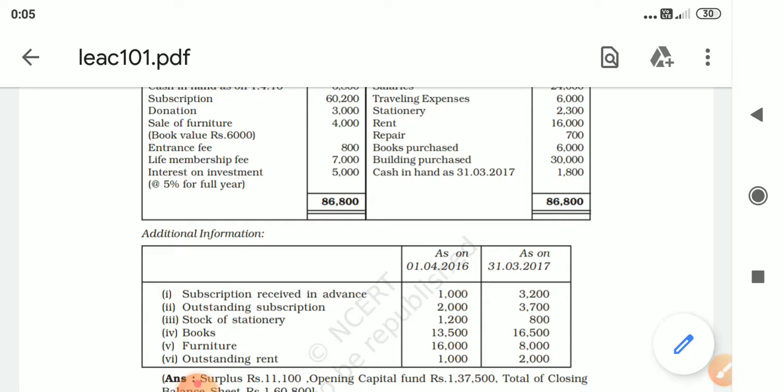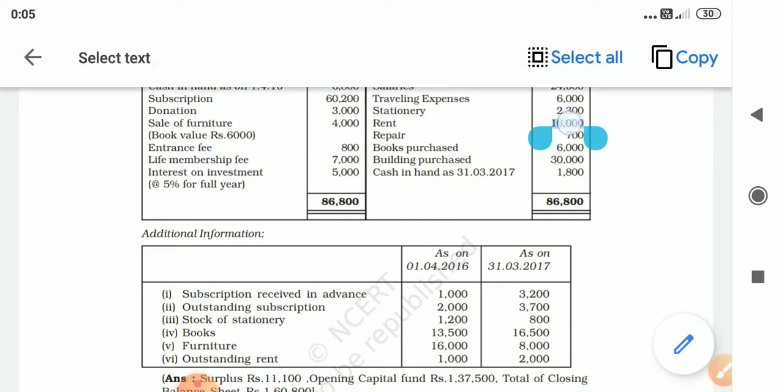On the expenditure side, inner column, show 16,000 minus previous year's outstanding 1,000 plus current year's outstanding 2,000. This will appear in the expenditure side of income and expenditure account. Now this 1,000, since it is an expense outstanding, will appear on the liability side of the opening balance sheet.